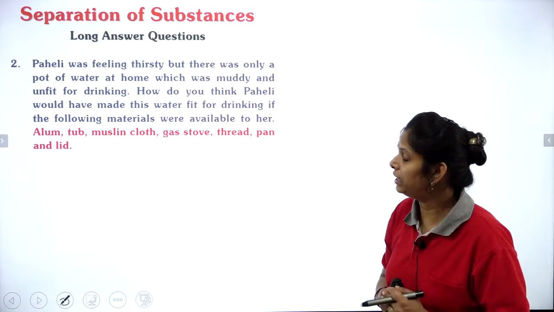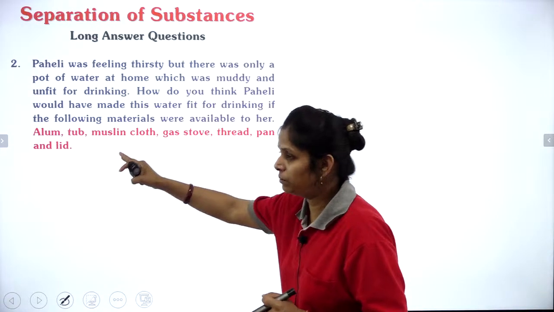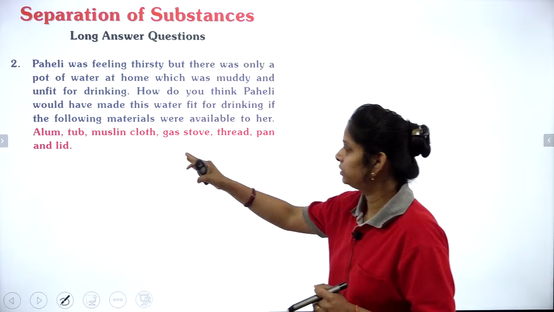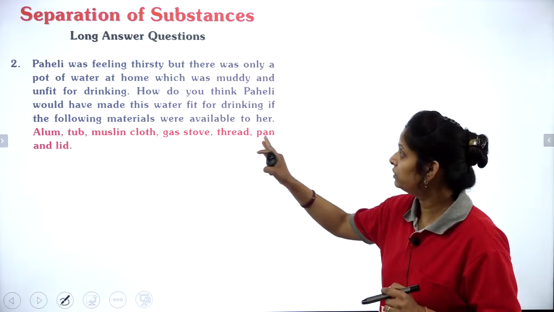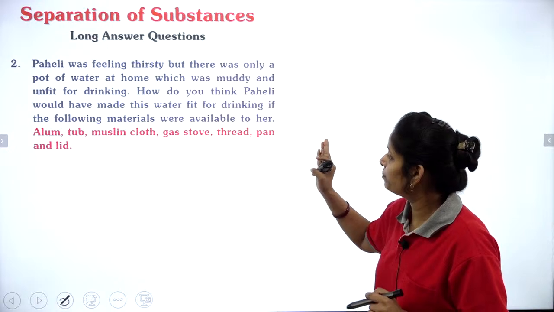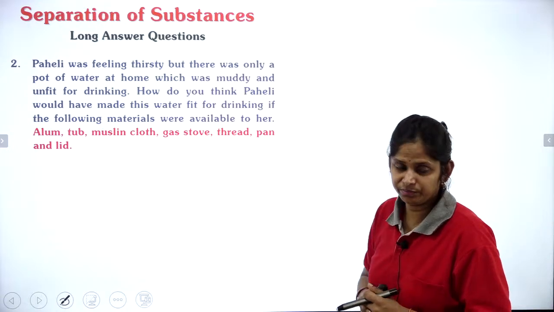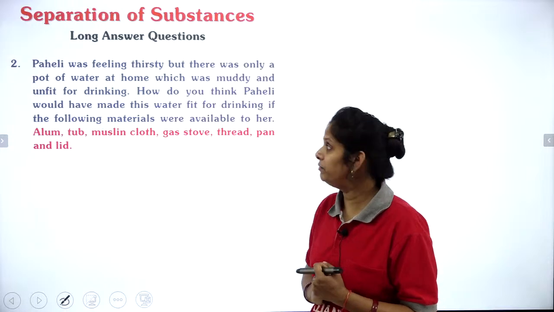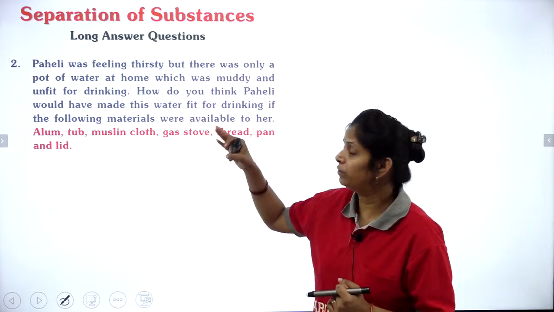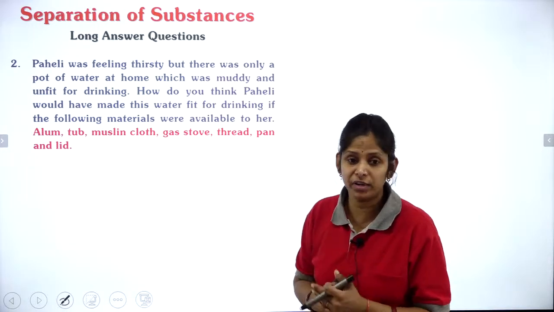Paheli has alum, tub, muslin cloth, a very thin cotton cloth, gas stove, thread or pan and lid. By using these materials, how will she make this water clean and fit for drinking?